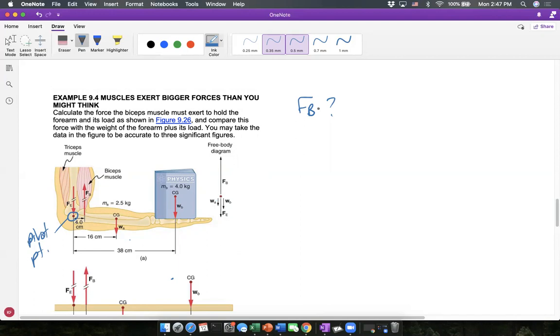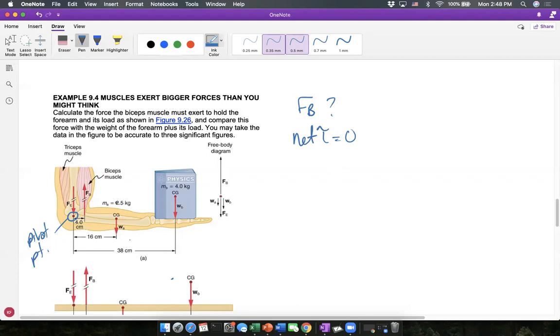We're going to go ahead and use our equilibrium equation again. Our net torque equals 0. So we can set this up the same way that we have been.